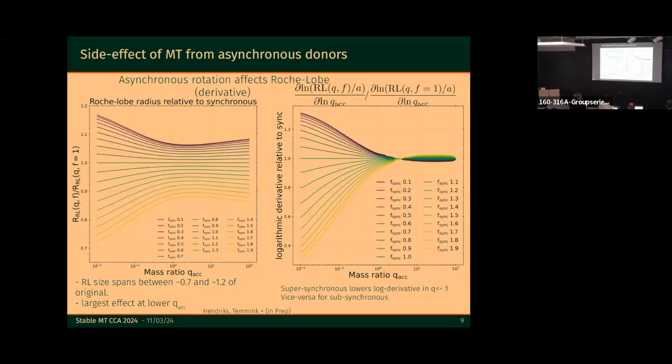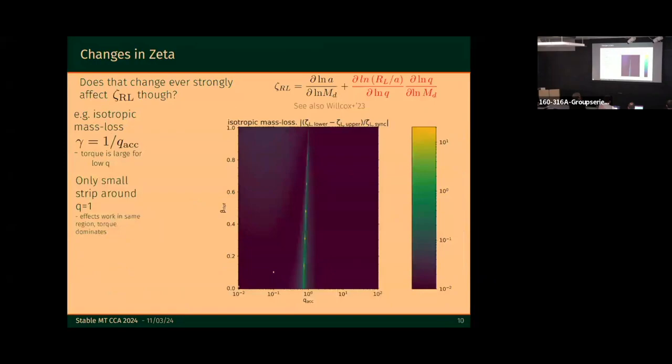Now, if I put everything together and look at an idealized situation of isotropic mass loss, I'm basically finding that the effect of this change in the Roche lobe shape and its response to changes in Q is severely subdominant to the torque of the other things, right? It's good to have this answered, because now my question is answered indeed.